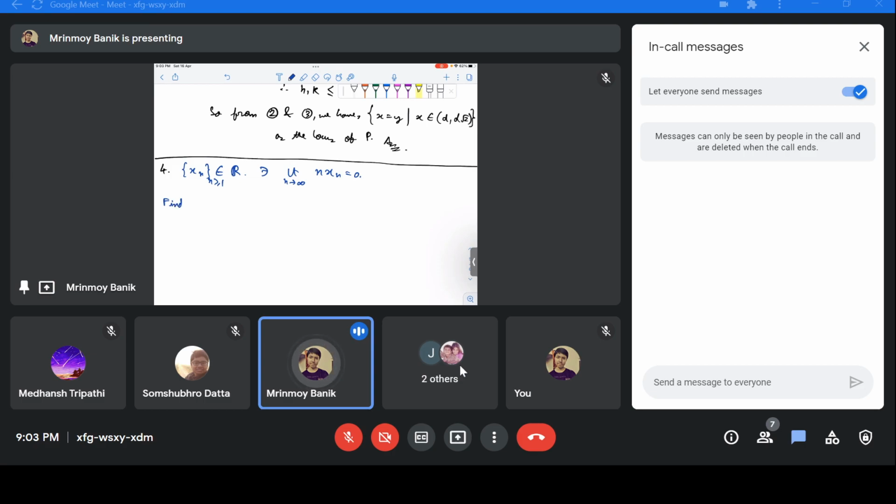We need to find all values of t such that the limit as n tends to infinity of xn, that same sequence, times (ln n) power t is 0.